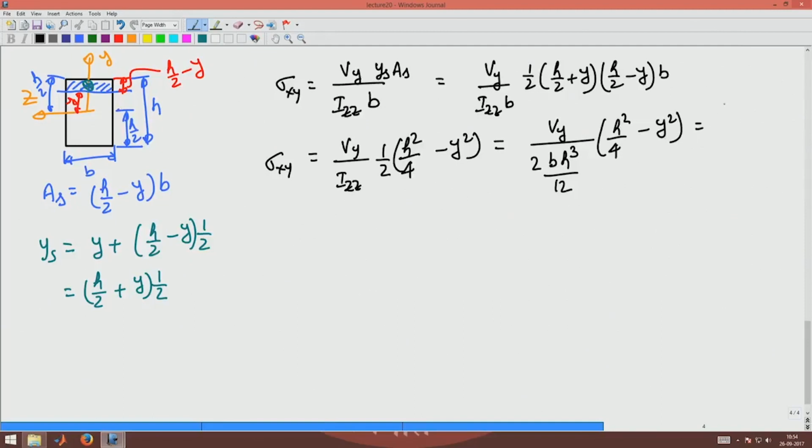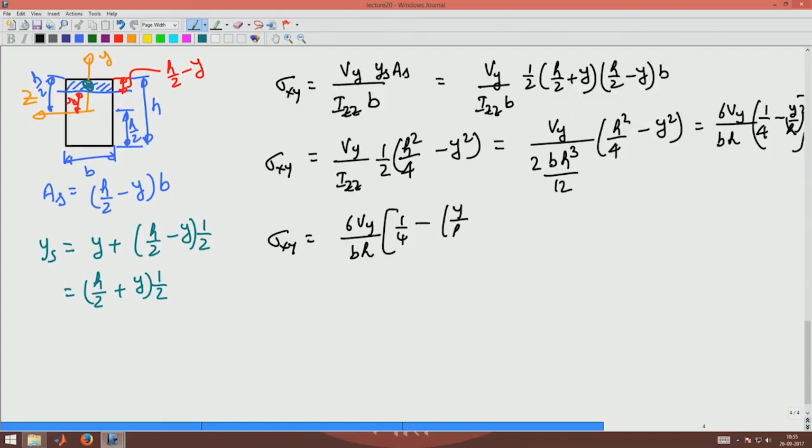So, this will be 6 Vy by B h into 1 by 4 minus y by h the whole square. So, you got the expression for sigma xy as 6 Vy by Bh into 1 by 4 minus y by h the whole square.